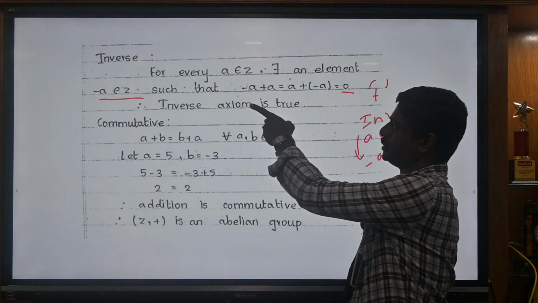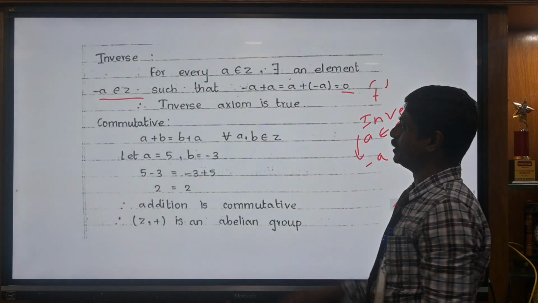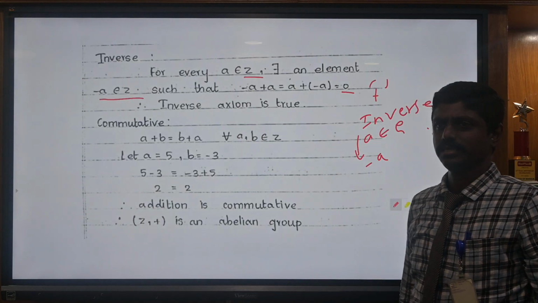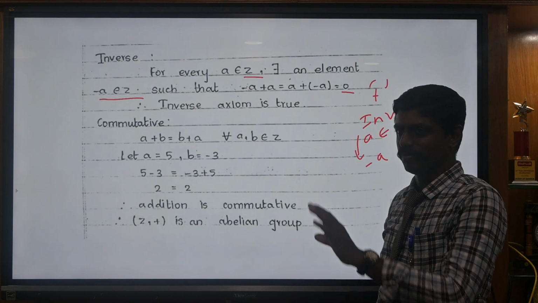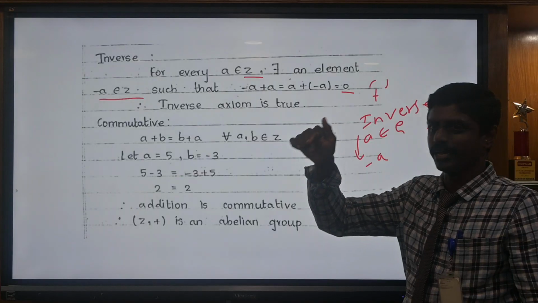When you add an element and its inverse element, your answer should be 0. You can take any element from Z and its opposite, for example 5 and minus 5. Plus 5 and minus 5 get cancelled, that is 0. This is the identity element inverse.